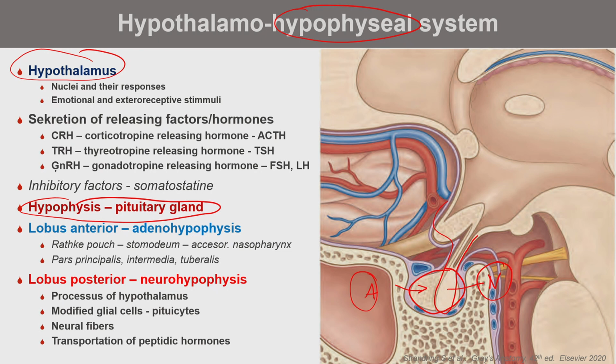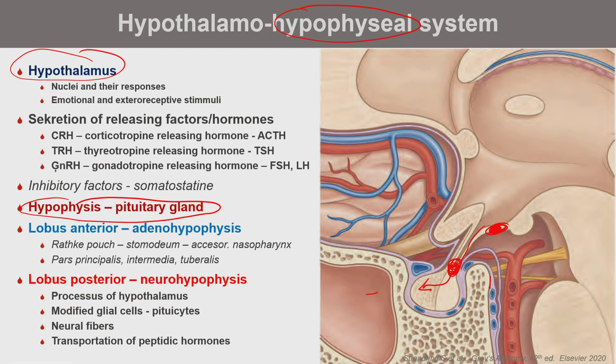Hypothalamus has important input into the function of the adenohypophysis, because from tuberal nuclei releasing factors are then transmitted with the blood to the adenohypophysis.